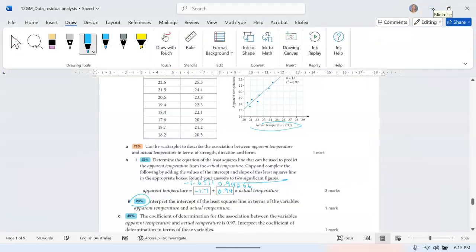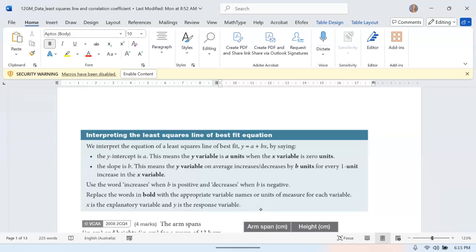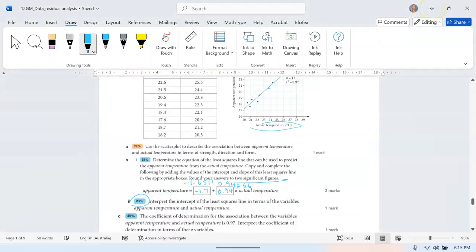I'm not going to do that first part because we got it there. So now I can't remember. This is why it's so good, you can have a bound book. The y variable is, okay, we don't write y variable. The apparent temperature is negative 1.7.